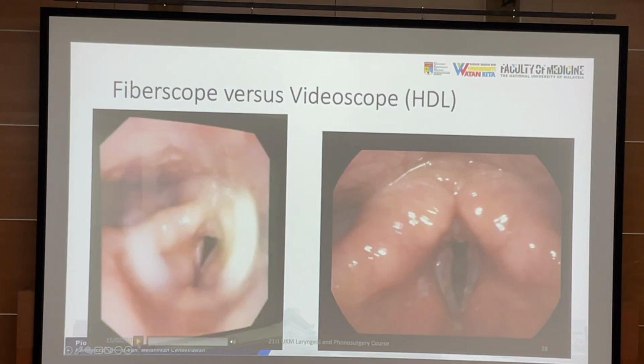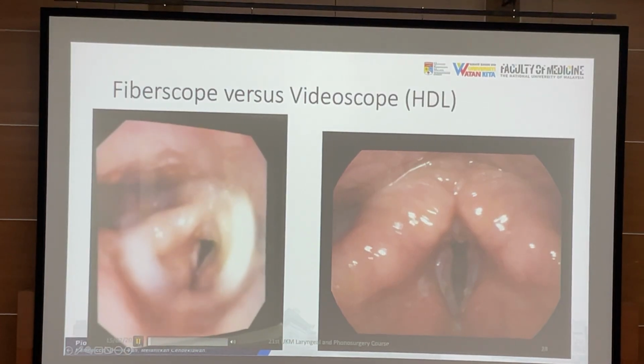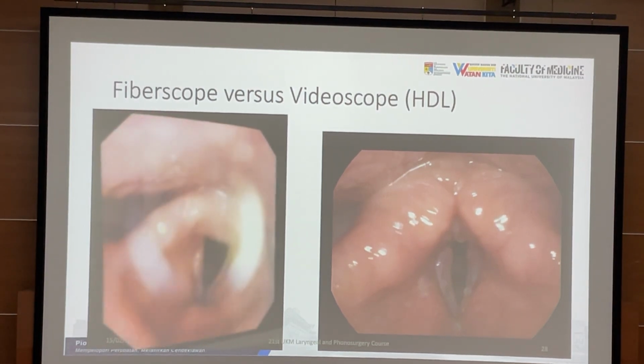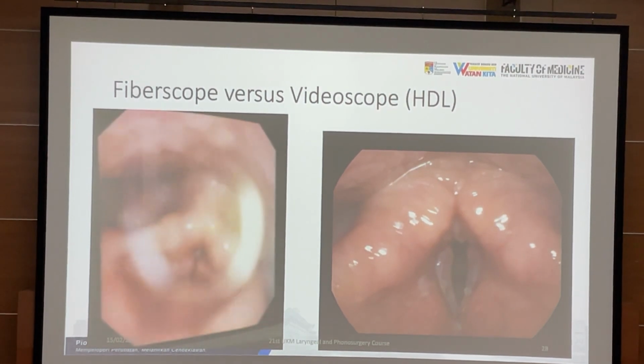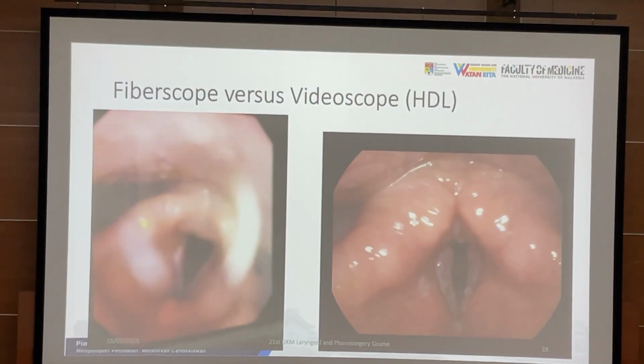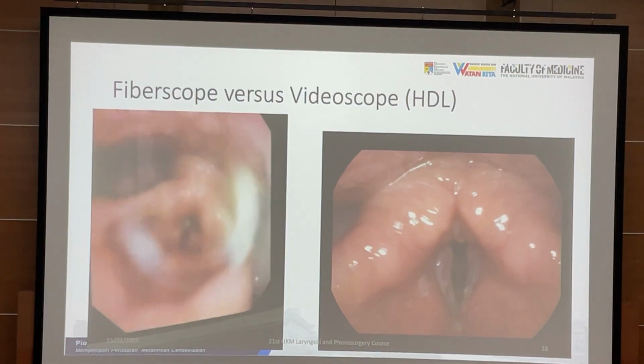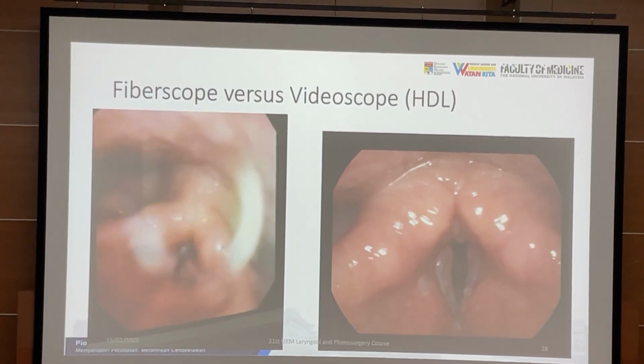This patient, a smoker, complained of hoarseness. Examined using a fiberscope, the doctor gave a diagnosis of laryngopharyngeal reflux. The wife is not happy, the wife is a pathologist and asked for a second opinion. And the patient came to our center.